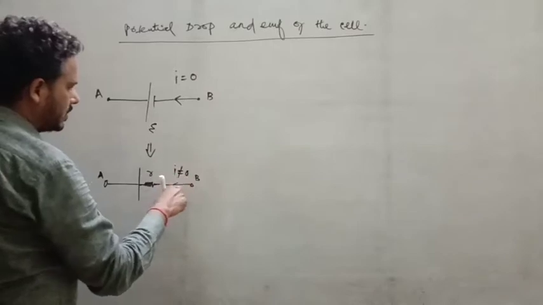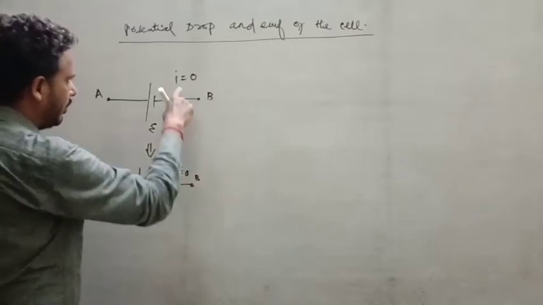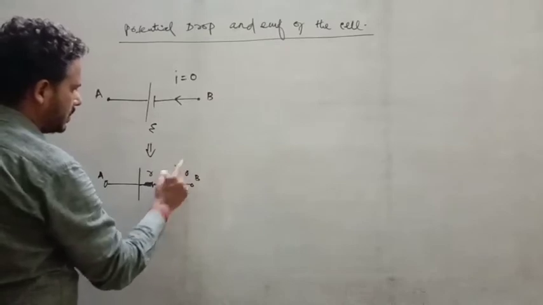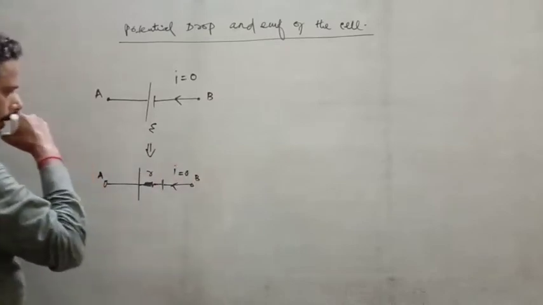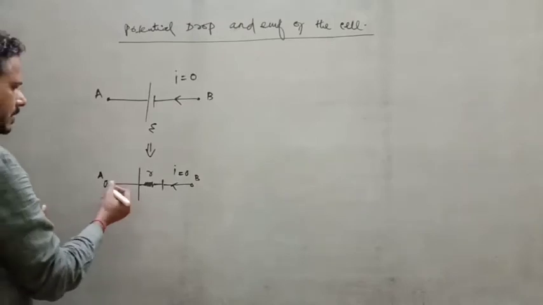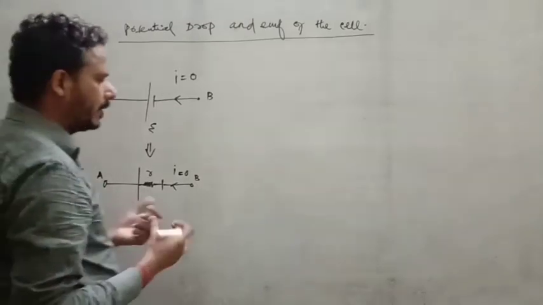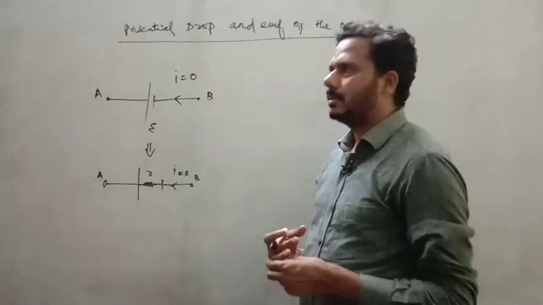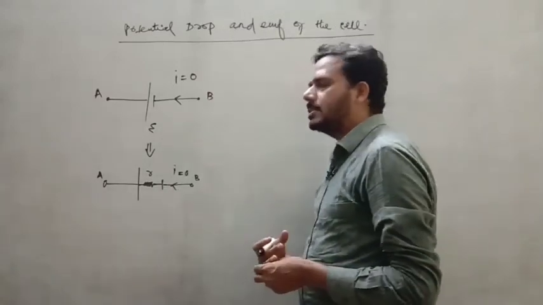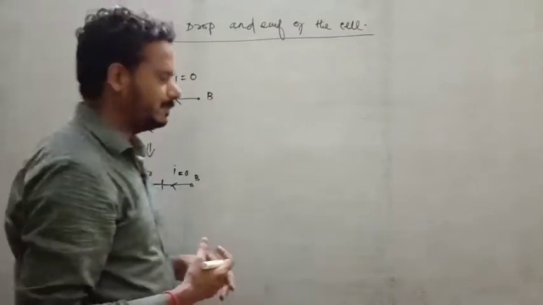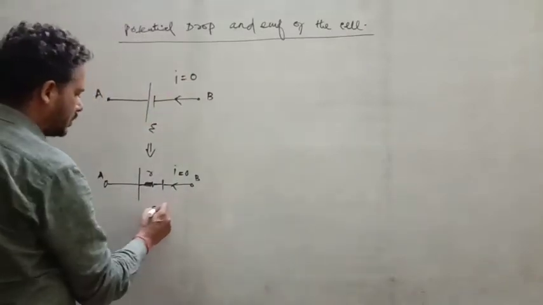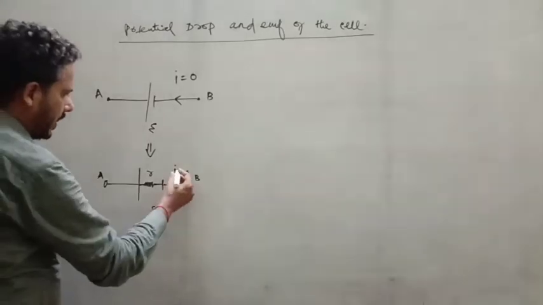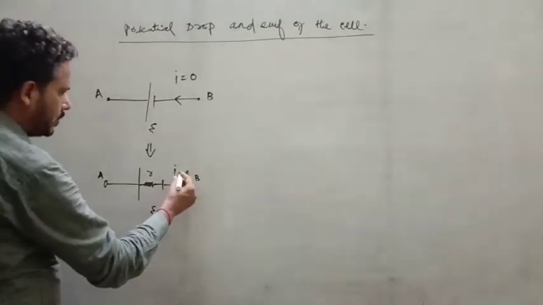Then according to our rule, when we are going from higher potential to lower potential, we take its EMF as positive. We have discussed this in the last class. And now here you are seeing that I is equal to 0.